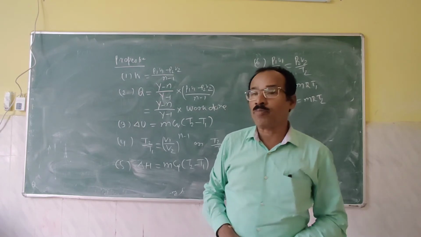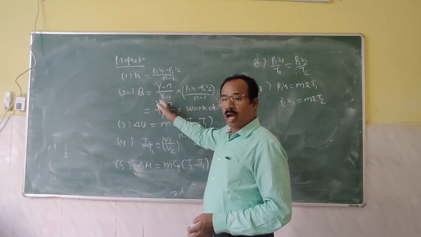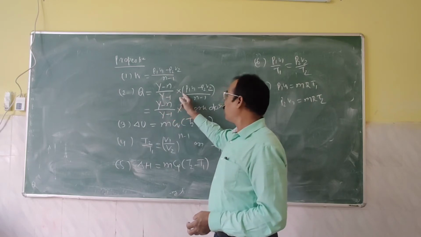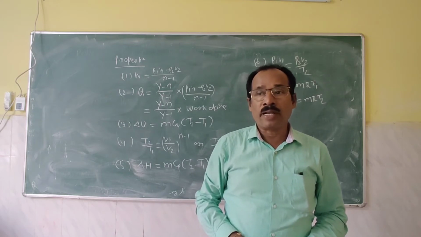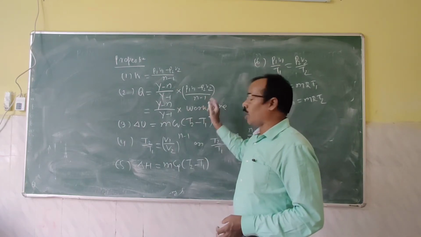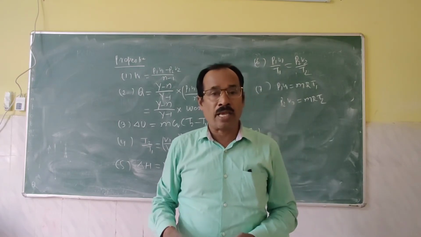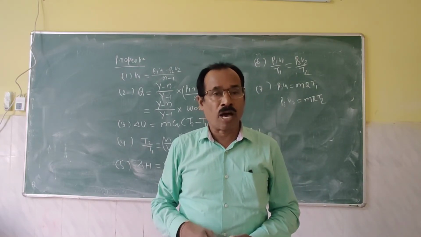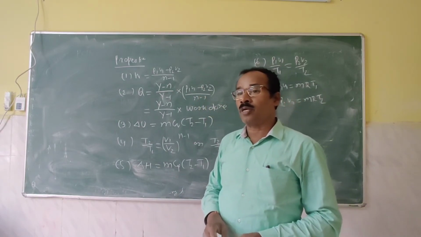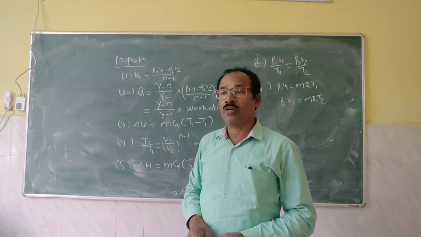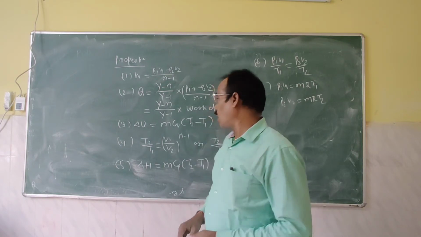It is given by the formula gamma minus n by gamma minus 1 into P1 V1 minus P2 V2 divided by n minus 1. It can also be written as gamma minus n by gamma minus 1 into work done, because during polytropic process work done is equal to P1 V1 minus P2 V2 divided by n minus 1.